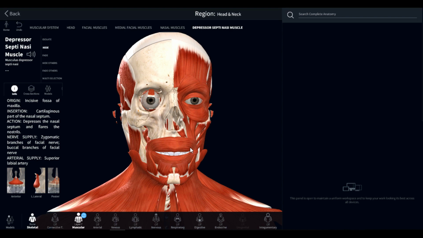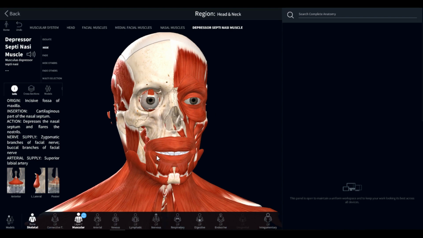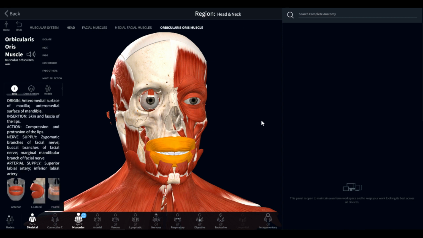Now, if we look at the muscles near the mouth, the main muscle here is known as the orbicularis oris muscle. Now, the orbicularis oris muscle is a large muscle. It is a muscle that makes up the upper and the lower lip, and it is supplied by the zygomatic, buccal, and also the marginal mandibular branch of the facial nerve.